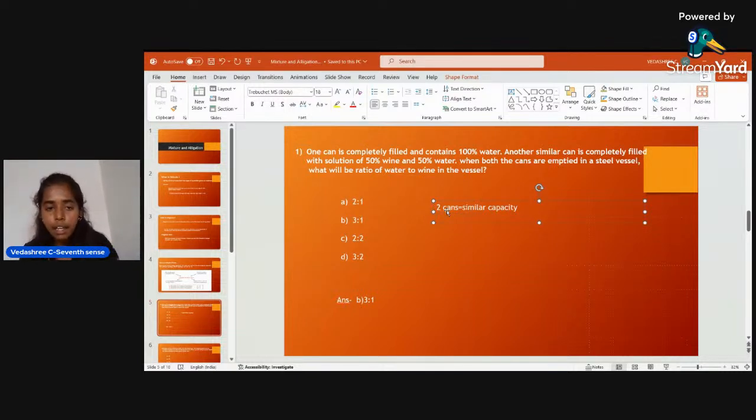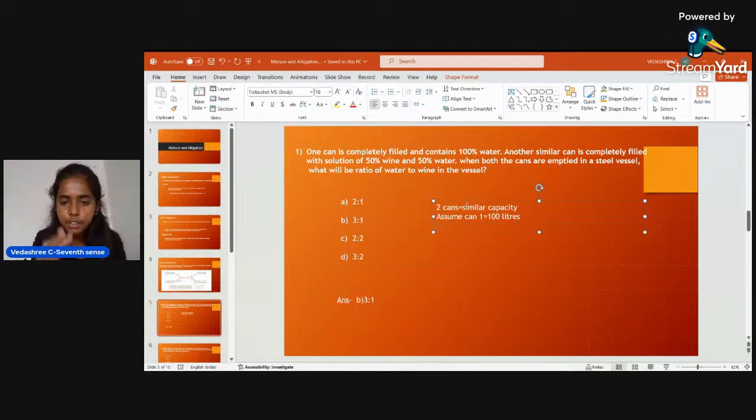One can is completely filled and contains 100% water. We don't know how many liters of water is there in one can, so we'll assume can 1 is equal to 100 liters. Can 1 consists of 100% water, which is 100 liters of water.